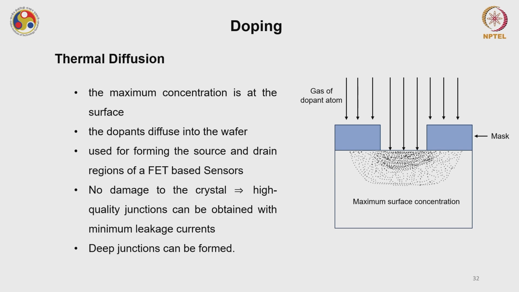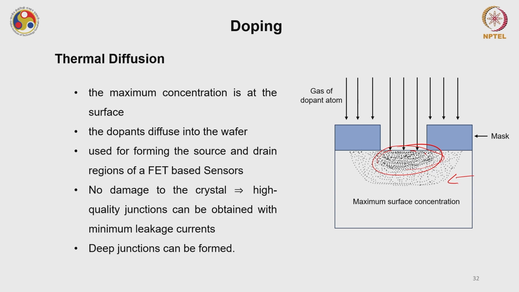The maximum concentration of the dopants in the thermal diffusion process is at the surface, as you can see in this figure. This shows that the maximum concentration of dopants lies near the surface. However, the dopants start diffusing into the wafer with time and with temperature.